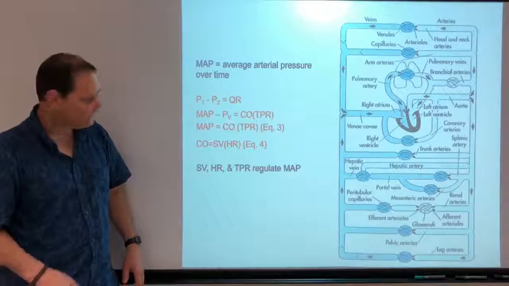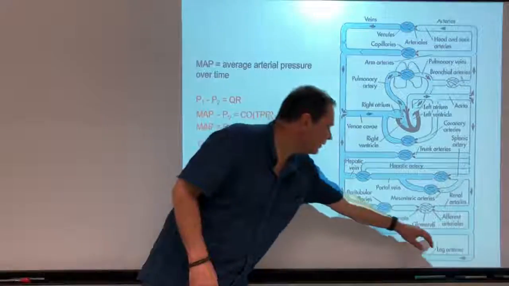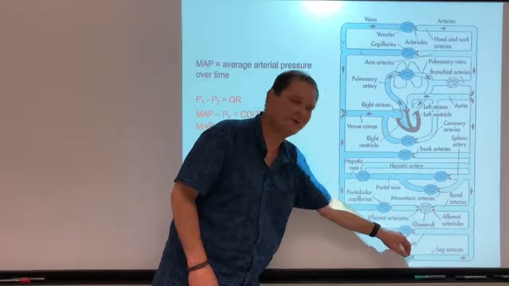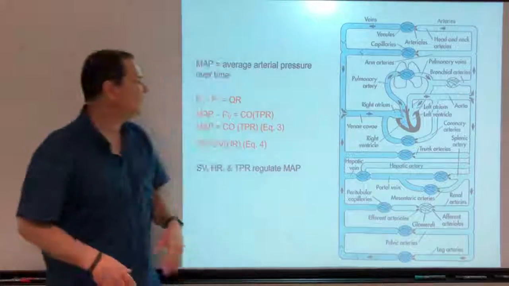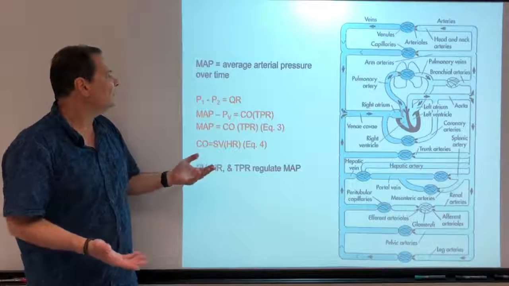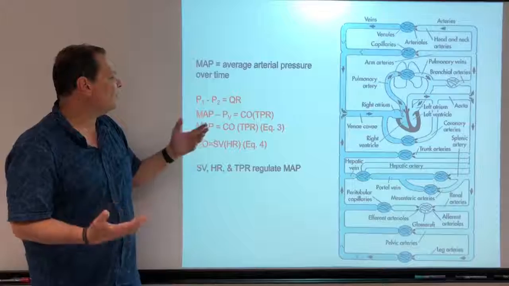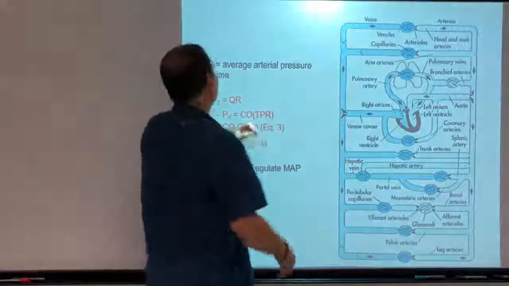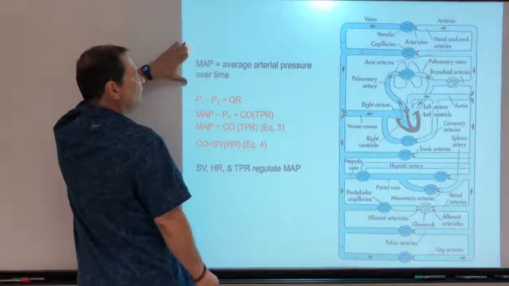So this doesn't just apply to individual beds, where there's the arterial pressure, there's the venous pressure, and here is the tissue itself. It applies to the entire cardiovascular system as well. So when we talk about arterial pressure as far as the entire system is concerned, we talk about the mean arterial pressure.